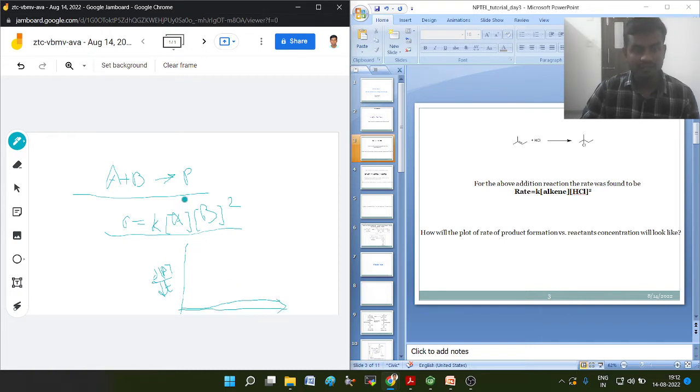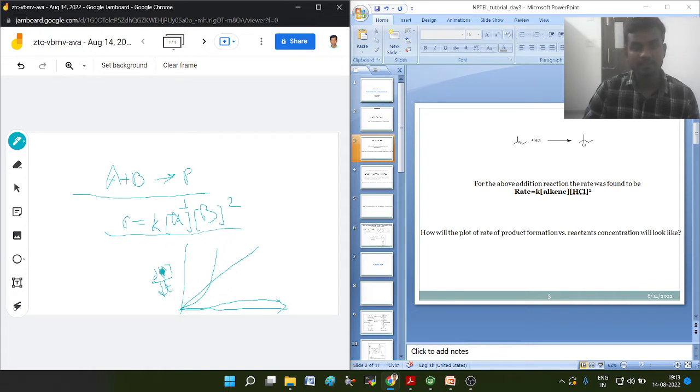So for A, it's a first order reaction. So what we expect is a straight line passing through here. And what is the case for B? It will be a second order reaction. So it will have a y equals x square like plot. It may be like this, or the slope can be different, right?